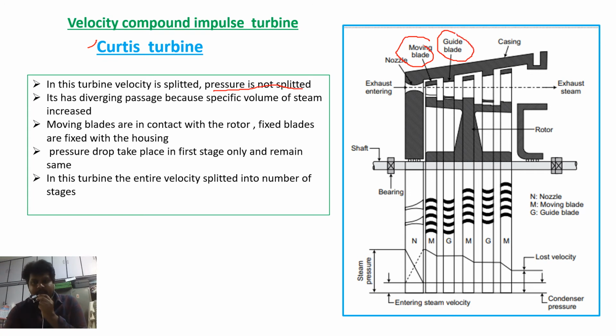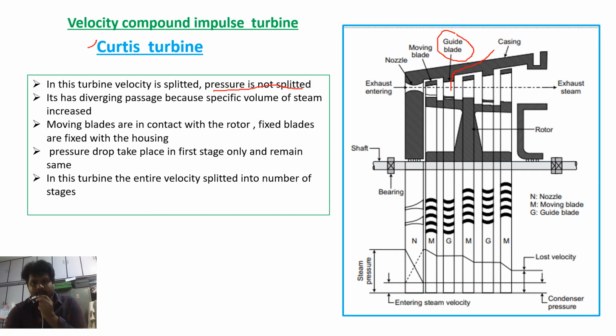The difference between moving blade and guiding blade is, when steam flows through the moving blade, it exerts a force on the blade, and the blade will rotate, it will move. But in the guiding blade, it does not move because this blade is fixed to the casing.